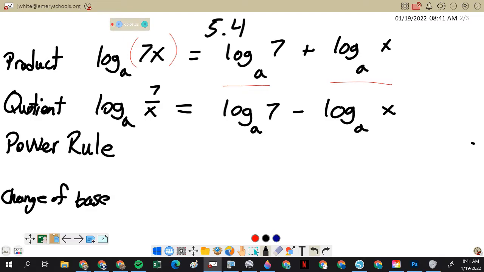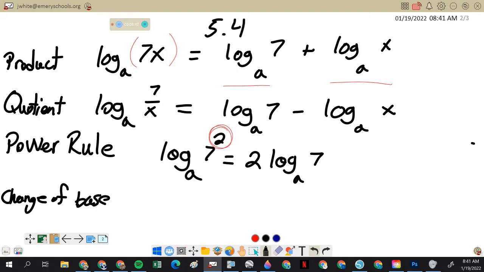And the power rule says if I have log base A of 7 squared, that is exactly the same thing as 2 log base A of 7. So if you have an exponent inside your logarithm, you can drop that exponent out front. Or if you have a number in the front of your logarithm, you can bump that up to become an exponent.